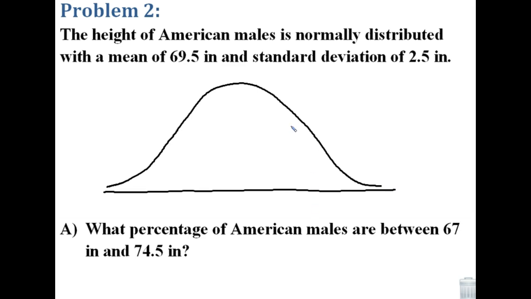The info says that the mean is at 69.5. So I'm going to draw a 69.5 where the peak of this graph is. And then its standard deviation is 2.5, so I'm going to count up one standard deviation and add 2.5 to the 69.5, which gives me a 72.